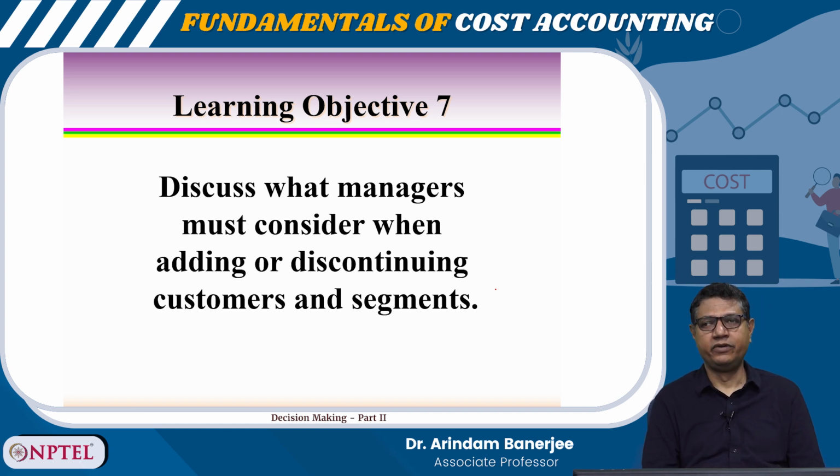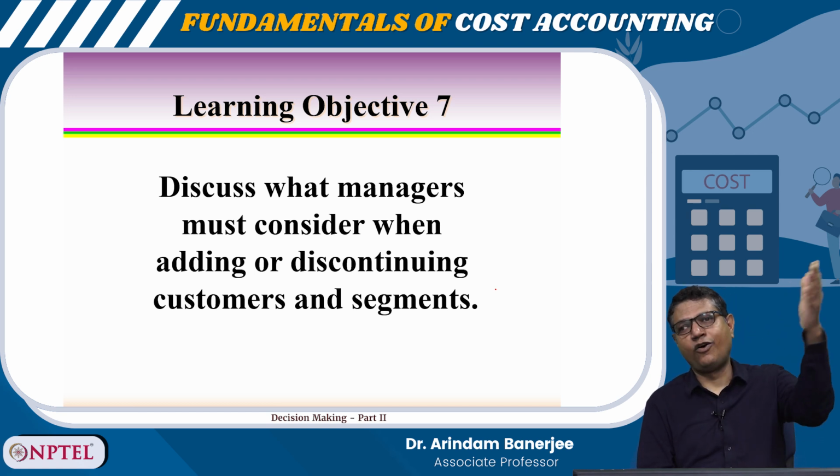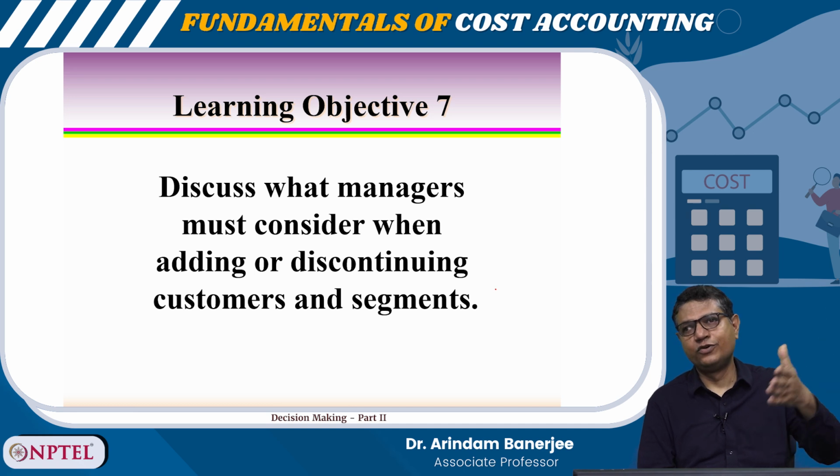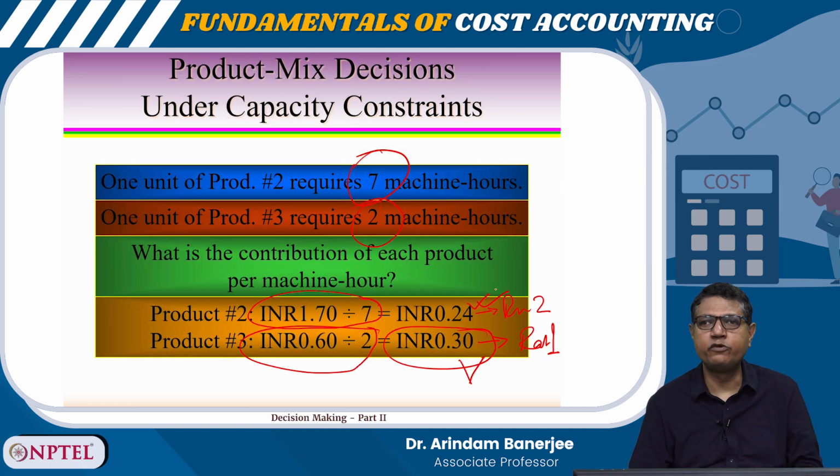That revenue lost, the income lost because I have not adopted the alternate best option, is called the opportunity cost, and we need to consider it while taking a decision.